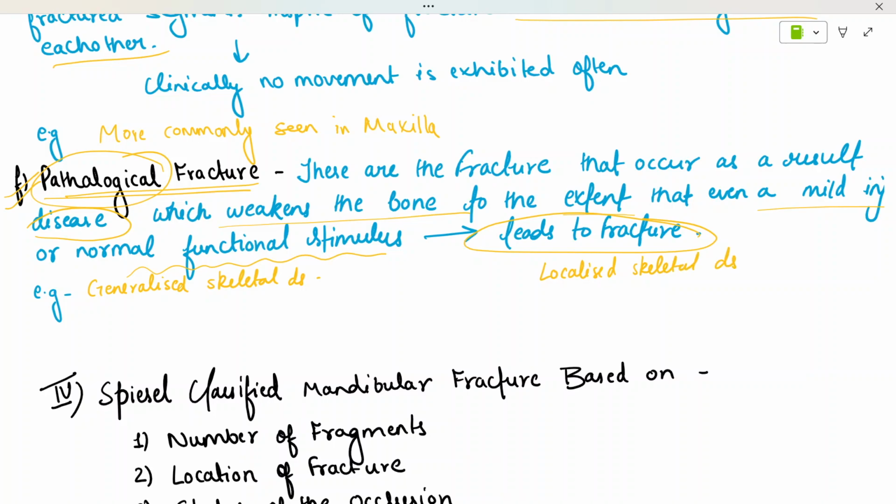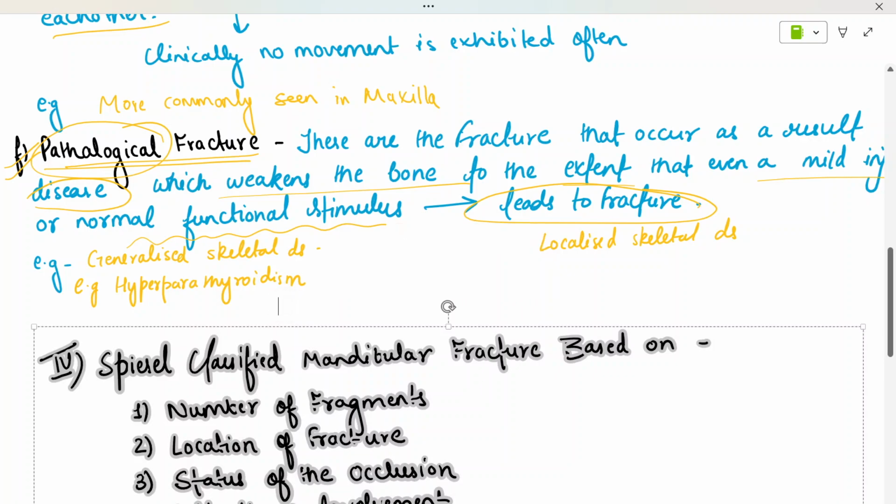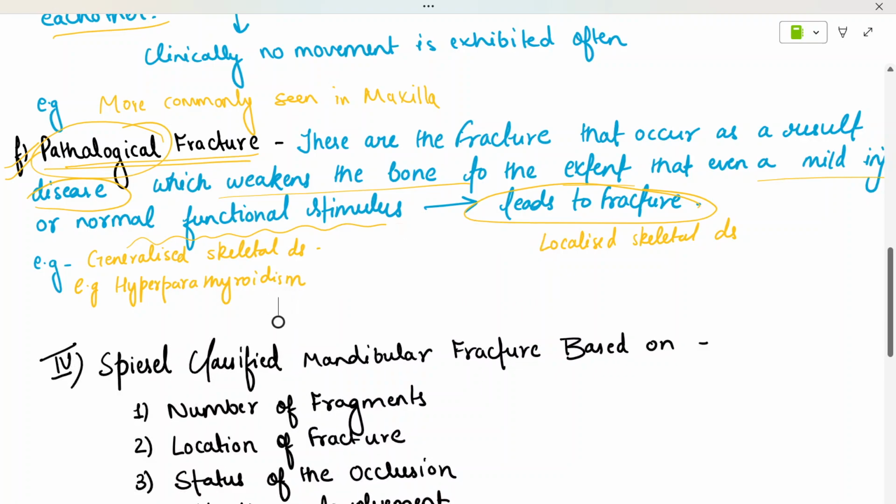Generalized skeletal diseases, for example, are endocrine disorders like hyperparathyroidism, or in women, most of the time we have seen postmenopausal osteoporosis.